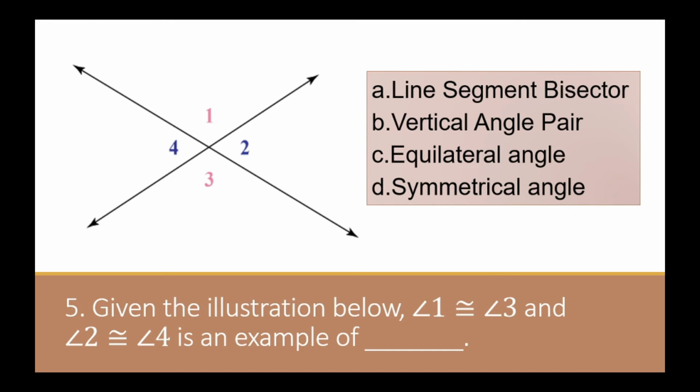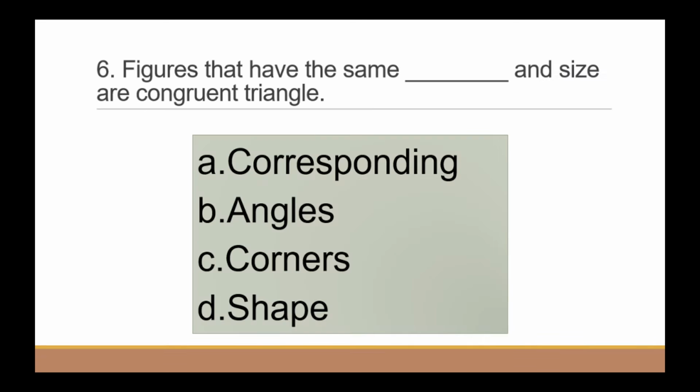Or letter D, symmetrical angle. Next, number 6. Figures that have the same blank and size are congruent triangle. Letter A, corresponding. Letter B, angles. Letter C, corners. Or letter D, shape.